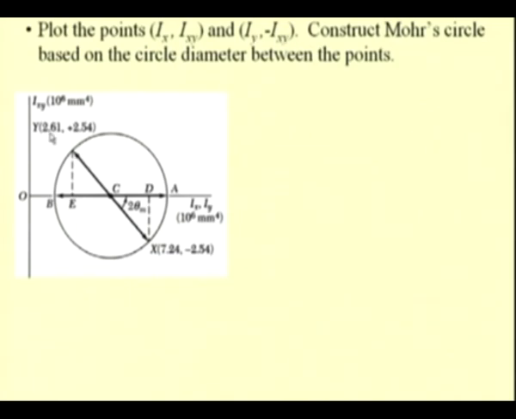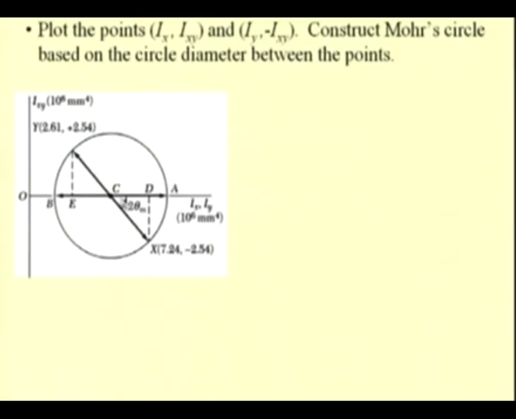Iy is 2.61 and Ixy is minus 2.54, so minus Ixy is nothing but 2.54. This has been plotted in a scale of 10 to the power of 6 mm to the power of 4.